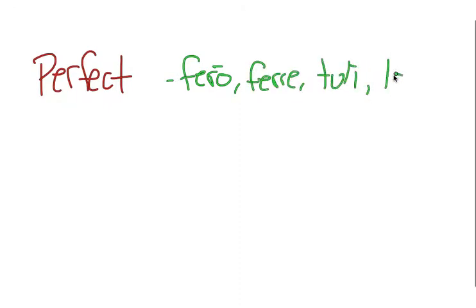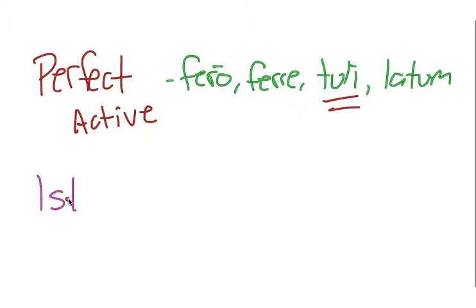In the perfect, it's regular too, you just have to remember the principal parts: fero, ferre, tuli, latum. Since we're conjugating, let's conjugate here in perfect active. Then we have to use the third principal part. If I set up a chart with perfect active for first, second and third persons in singular and plural, I'm going to use the third principal part.